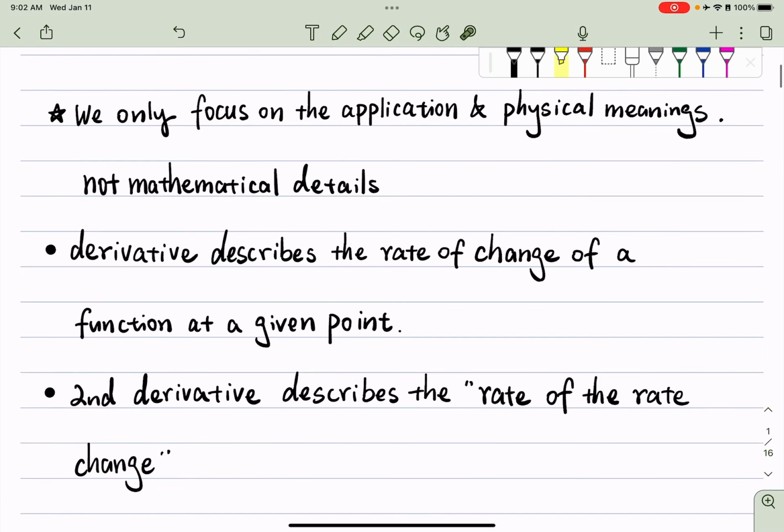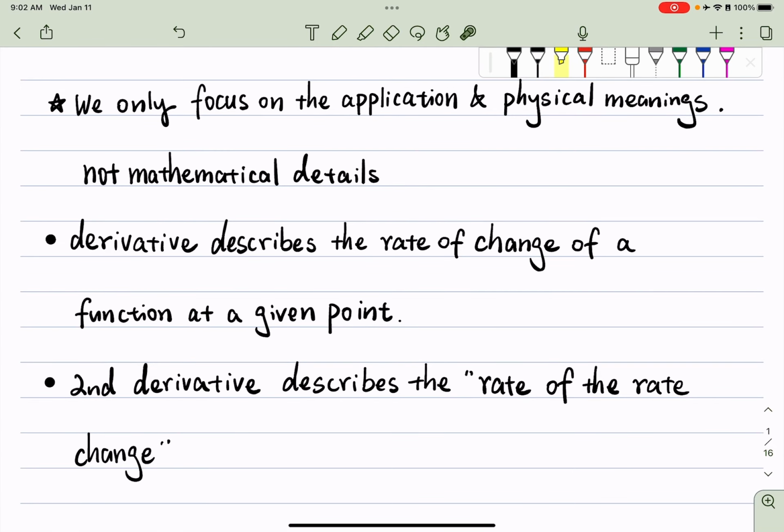All right, so for example, when we're saying derivative, that describes the rate of change of a function at a given time. We'll see an example, but one of the typical applications of the derivative in physics is if you think about the velocity, right? So that is the change.